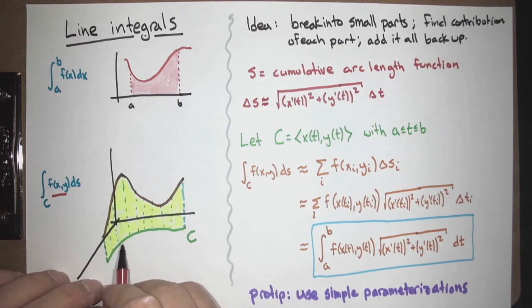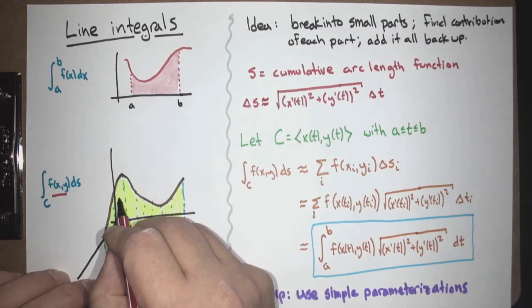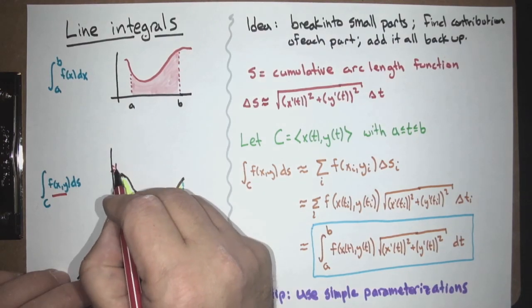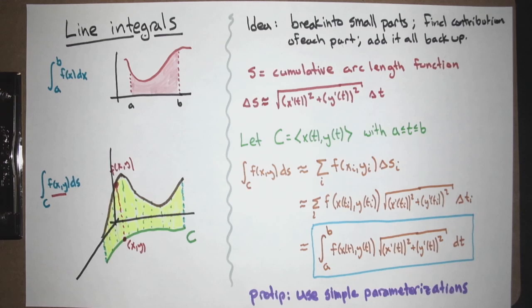But the point here is that if I have a point down here in the plane x comma y, the height f of x, y, that's telling me how tall my curtain is at that point. So it's not a multivariable integral.